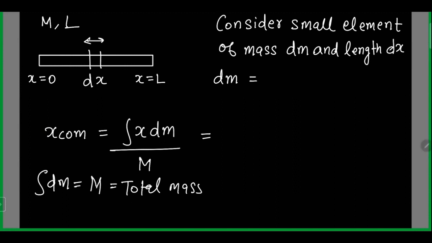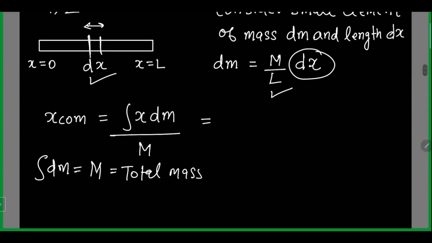Okay. So now we will assume that there is a small mass whose length is dx. What will be the mass of this small length? The mass of this small length will be mass per unit length multiplied by the length you have taken. This rod has mass per unit length M by L. And whatever length you have taken, you have to multiply with that.